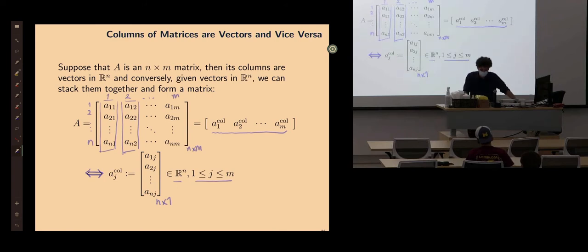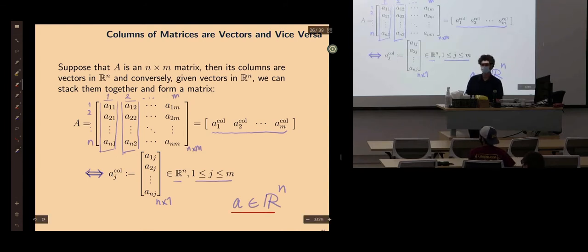What does it mean? I have a vector, and I'm saying my vector belongs to Rn. Is there enough information for you to know what I'm talking about? Well, maybe explain in words how you read this line here.